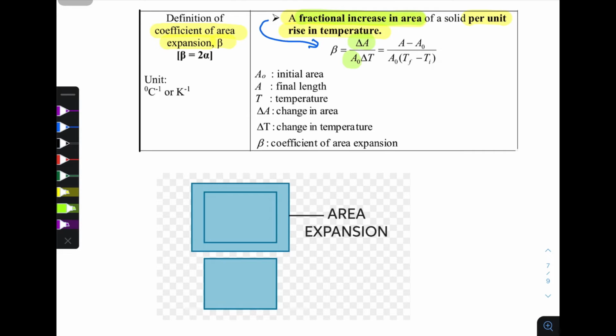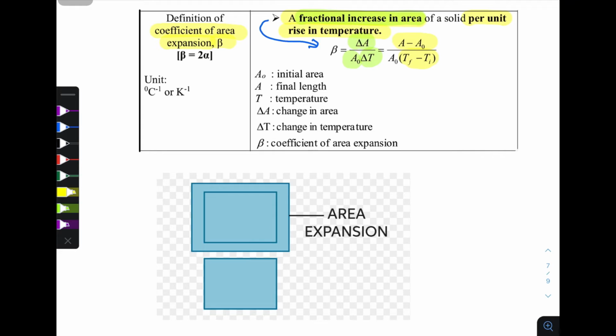Okay, we are going to per it with the unit rise in temperature. Okay, so when you have the change in area, means that you can also write it as A minus A0. Okay, and the delta T here, you are going to write it as T final minus T initial.